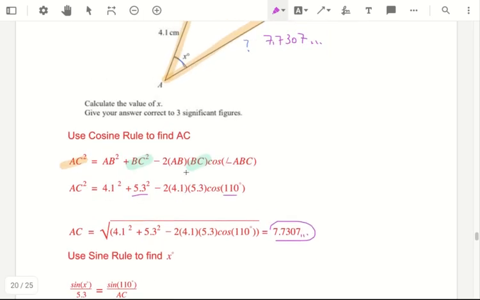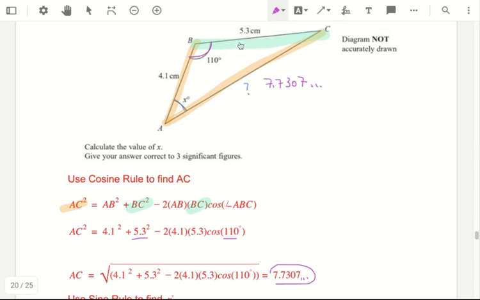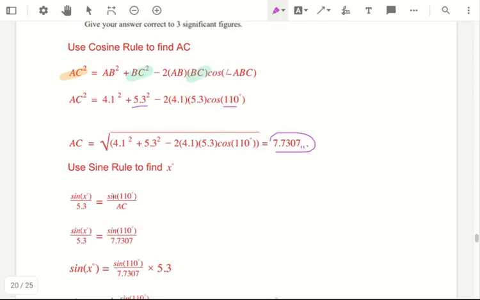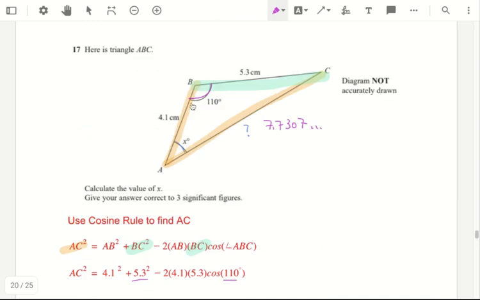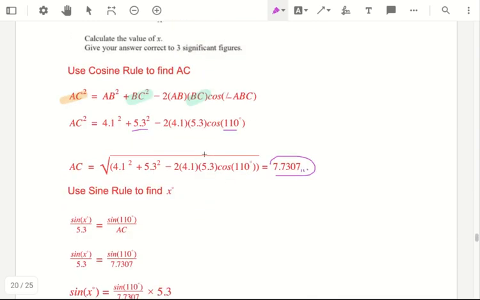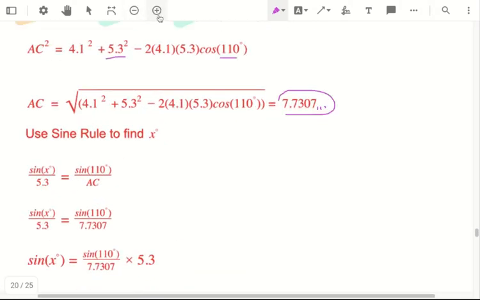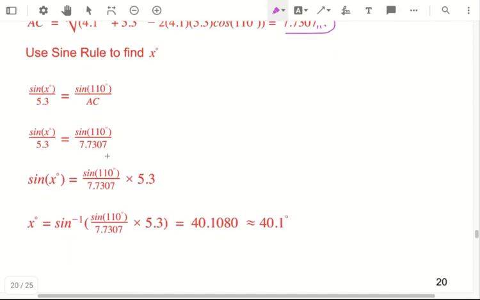So sine x over 5.3 equals sine 110 over AC. Okay, so this gives us, we cross multiply this over, so we get this. Then inverse sine, put this into a calculator, and you get your answer 40.1.